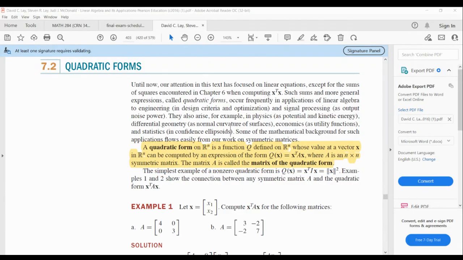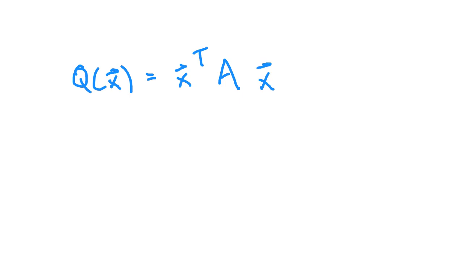So let me just go to the whiteboard real quick here. All right. So a quadratic form is x transpose times A times x.